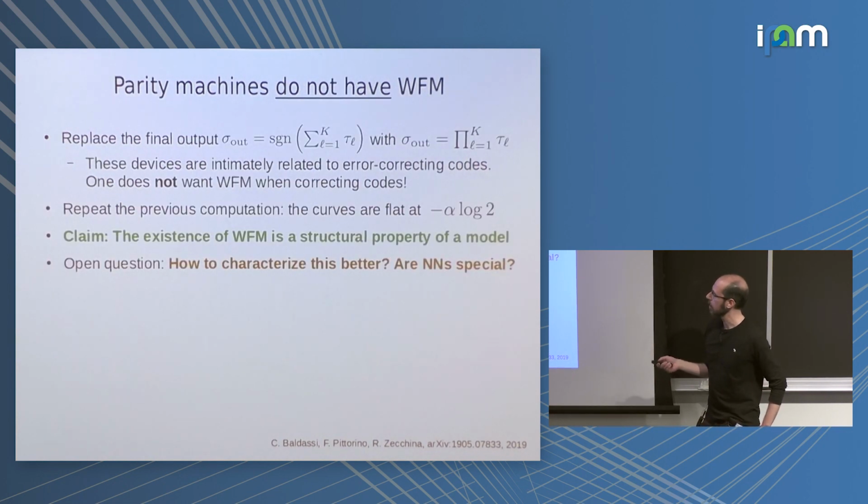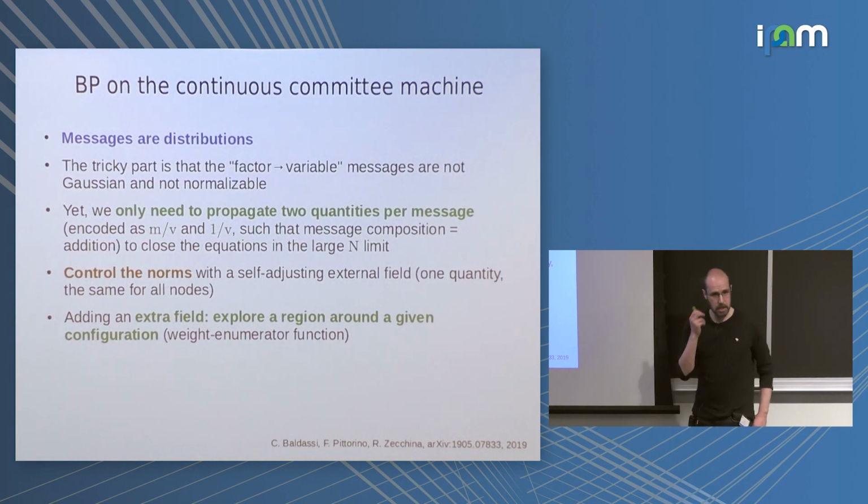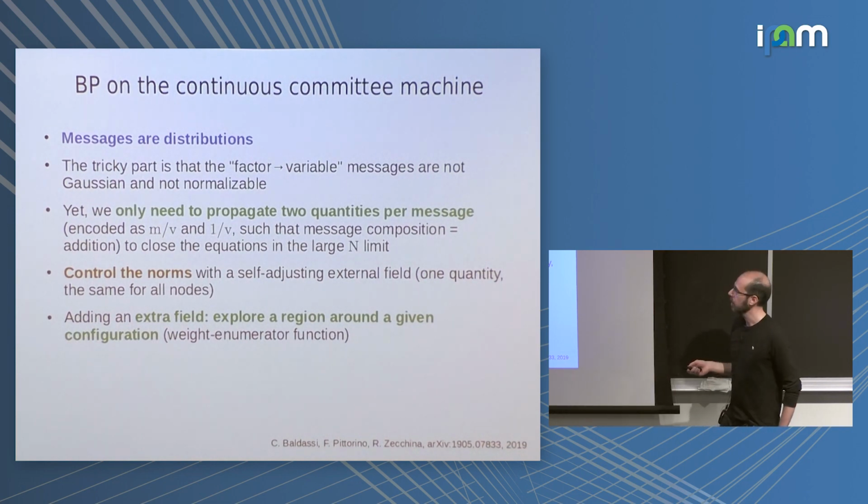This leads to the claim that the existence of these wide flat minima is some sort of structural property of the model, even without anything to generalize at all. The patterns are random. So the origin of this phenomenon should be, in a sense, structural to the architecture. And it's an open problem to make this statement more precise and determine whether neural network models are somewhat special and how.